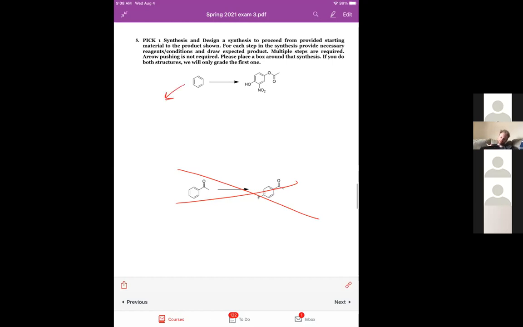So if I add in this acyl chloride, AlCl3, I can make this ester or this ether ketone here, throwing in MCPBA. Well, then let me make my ester, which I could reduce with LAH.